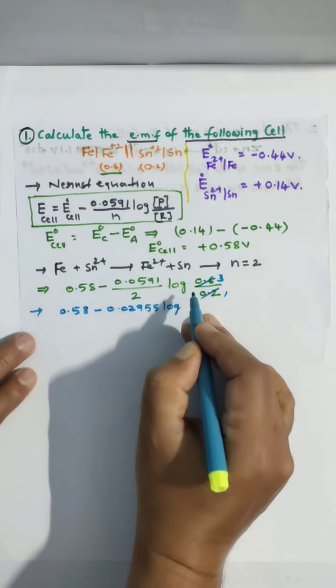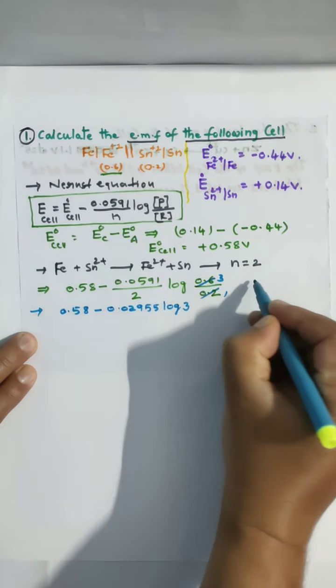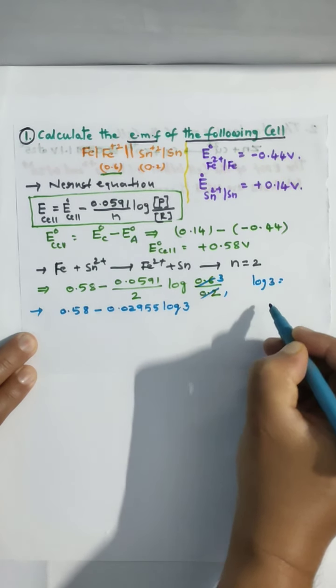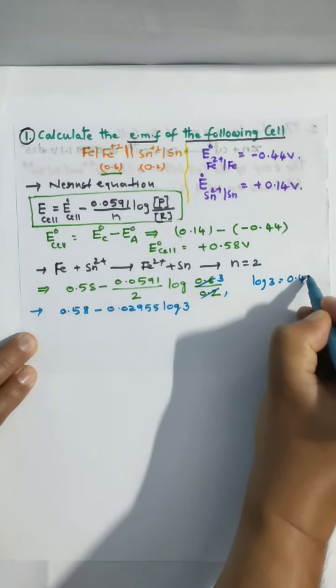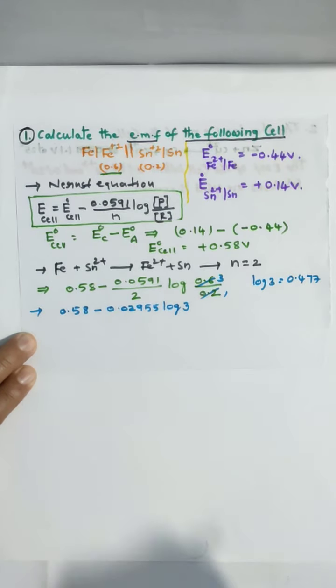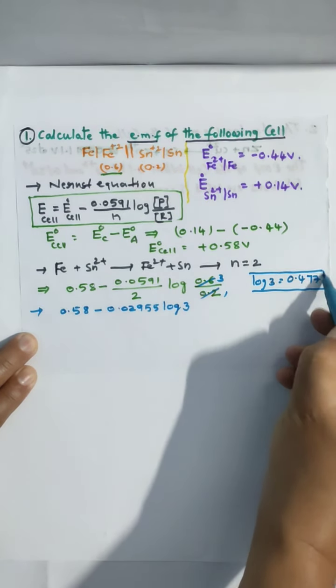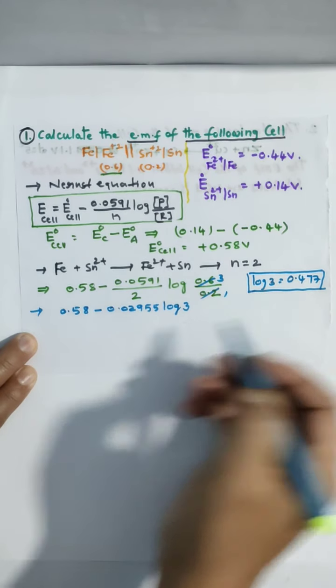You know the log 3 value already: log 3 equals 0.477. So remember the log values 1 to 10. Clear? This is the log value.